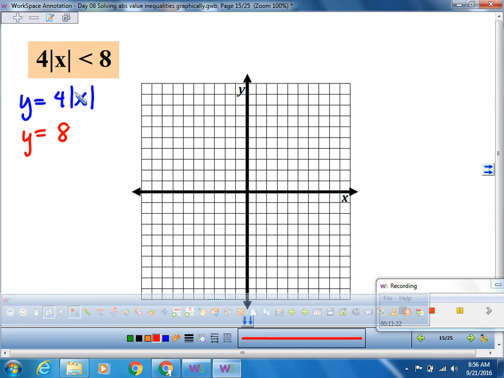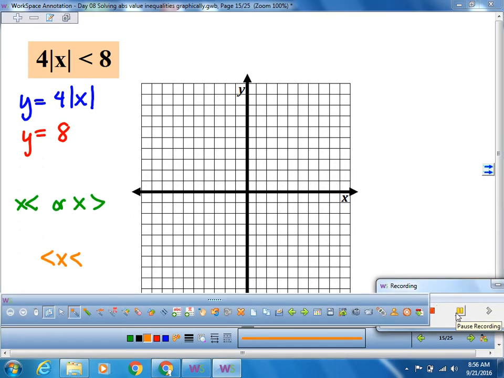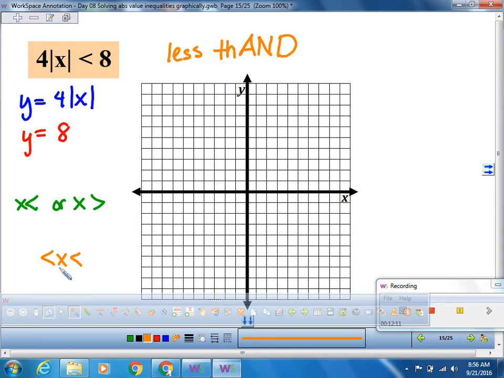Really good question. So our question is, which one is it? Is it in between or is it an or statement? I'm going to give you a little hint. There's a way to know just by looking at this sign. This is how I remember it. Less than, this would be an and statement, right? Because both things are happening.